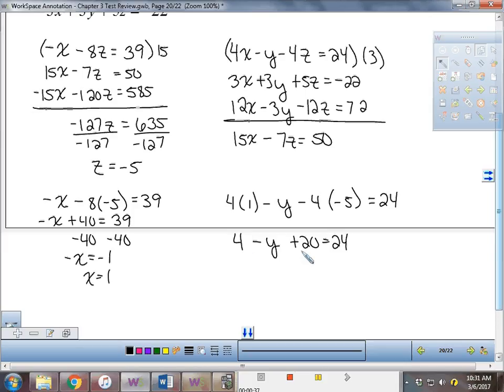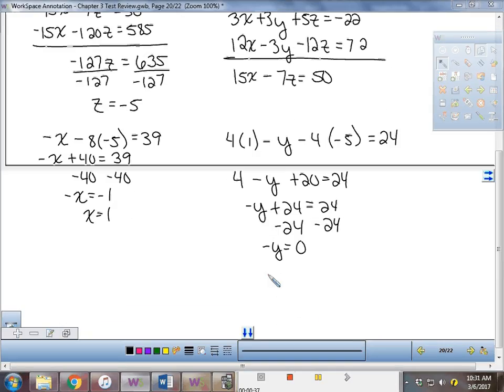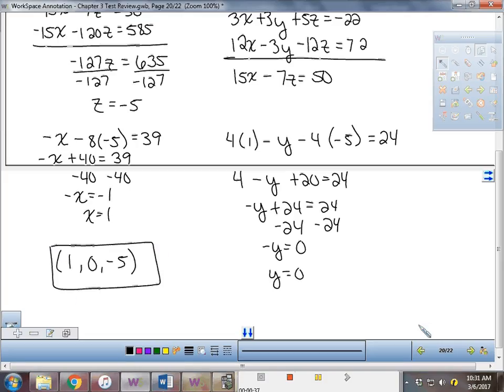And if you add these, that's 24. So I'll subtract the 24, and I get 0. And then it doesn't really matter if I divide by a positive or negative anything. I still get 0, so y is 0. So this would be 1, 0, negative 5. Make sure those are in alphabetical order.